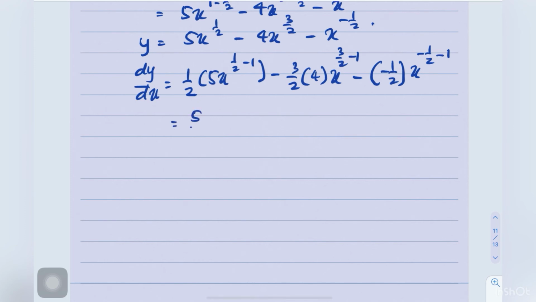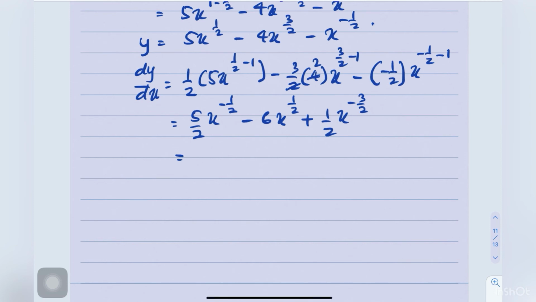Here I have 5/2 x^(-1/2) minus 6x^(1/2) plus 1/2 x^(-3/2). So we just simplify.